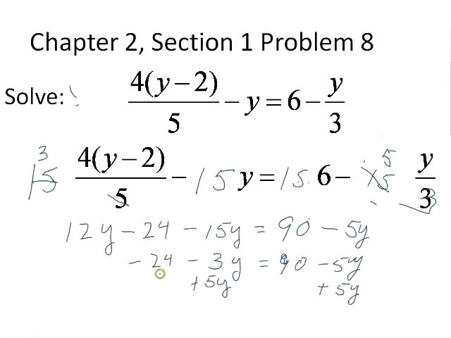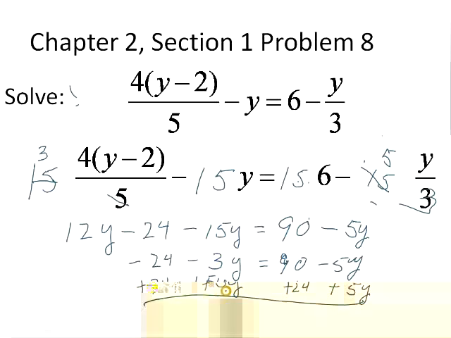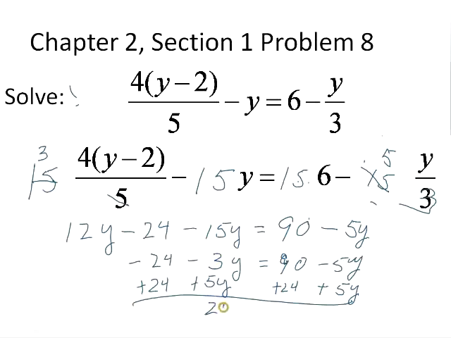At the same time, let's move our constant terms to the right side, and so I can add 24 to both sides, and then over here adding 24, we're going to get a new equation. So negative 3y and 5y is going to be 2y, and this is going to be equal to 90 and 24 is 114.